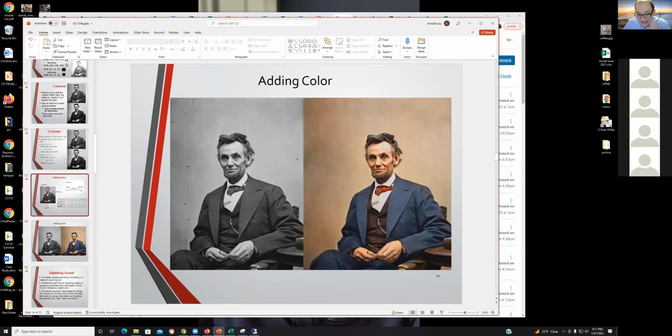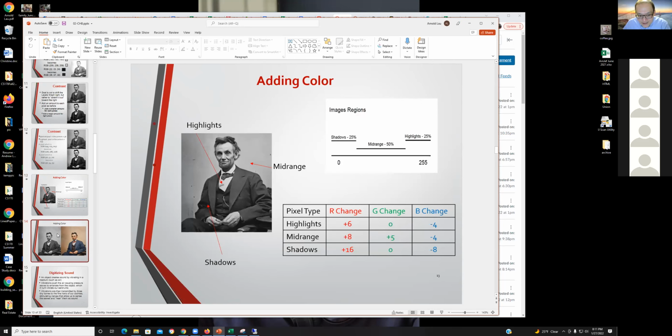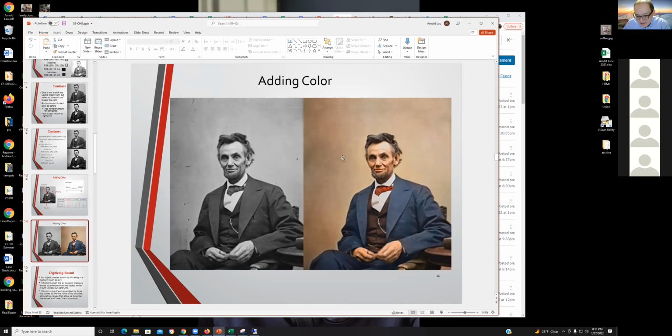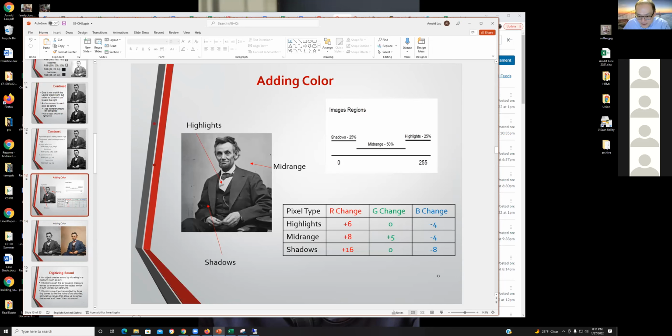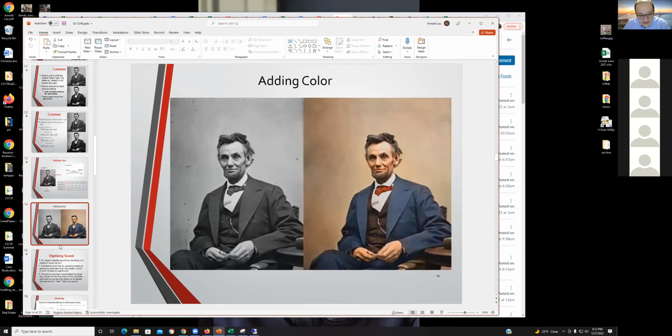I wouldn't say that just applying this magically went from this to this. I think some other stuff happened to clean up this picture a bit, okay? But the idea is that to make a color picture from a black and white picture, you're coming up with varying shifts of the red, green, and blue, okay? So hopefully that wasn't a long-winded explanation to get to the idea here, okay?